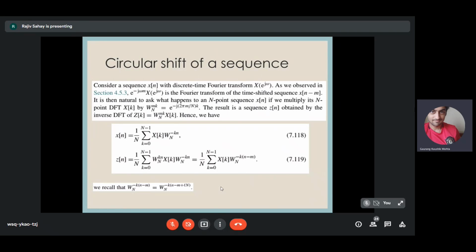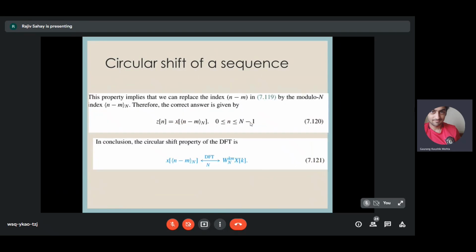So now you can write z of n, which is the inverse DFT of Z[k], which again is the product of X[k] with this factor. We can now write the inverse DFT as z of n equal to x of (n minus m) modulo N. So we get this DFT pair.